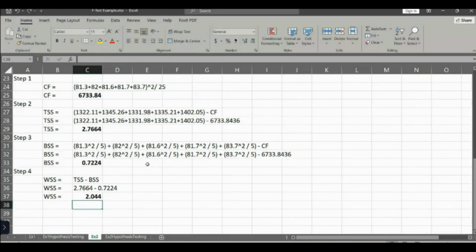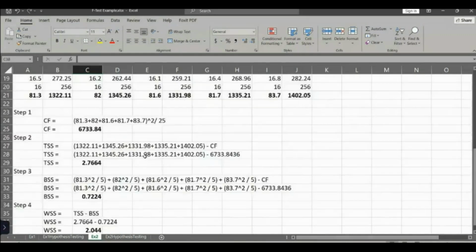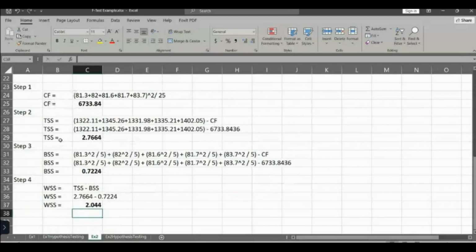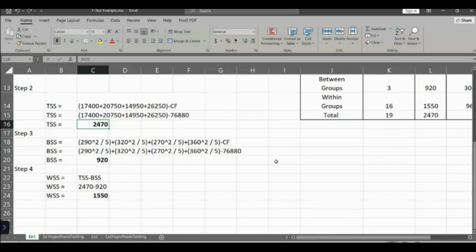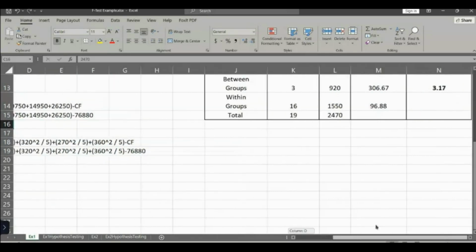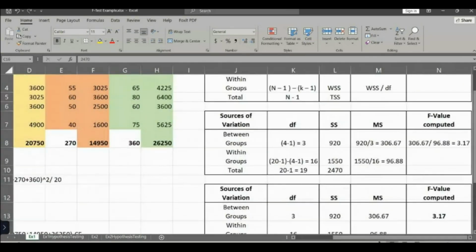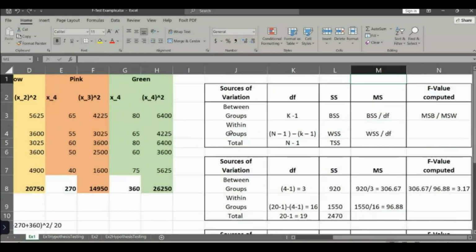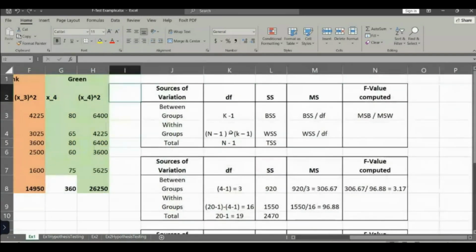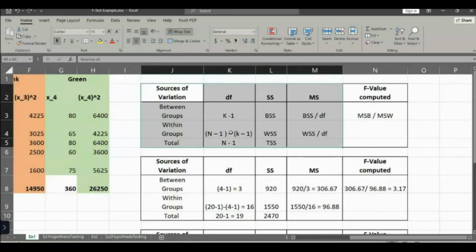Okay na. And then, meron pa, no? We have to supply to complete the ANOVA table. So the ANOVA table looks like this. Let me just copy one table here.